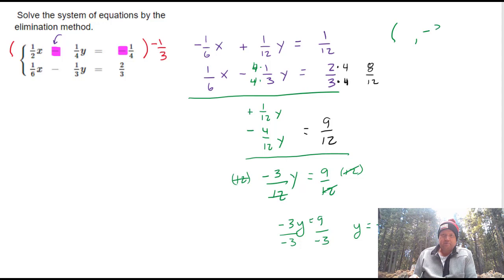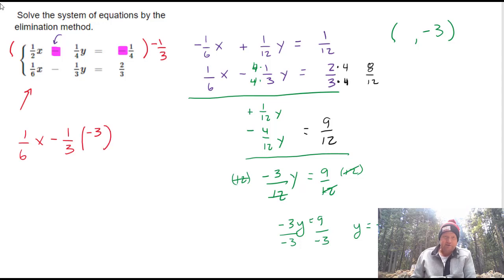Let's go ahead and build that as part of our ordered pair solution. So now that I know y, I'm going to plug it back in and find x, and the one that makes sense, I guess, is to plug it into the bottom one. So 1/6 x minus 1/3 times y, and y is negative 3, so that's okay.